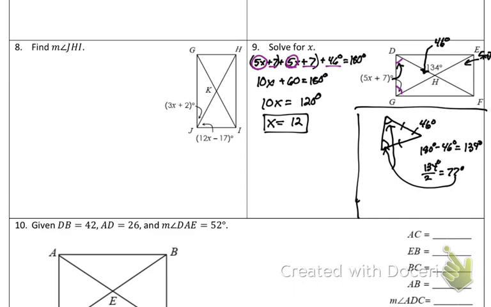And since they're equal to each other, I can just divide by 2, which will give me 77 degrees for each one, because 77 plus 77 plus 46 equals 180. And since we know 5x plus 7 occupies the same space as 77, we can say 5x plus 7 equals 77. We'll come up with the exact same answer. Okay?